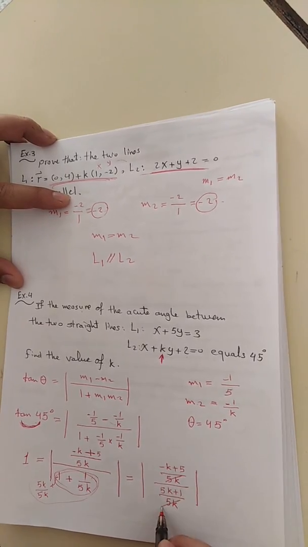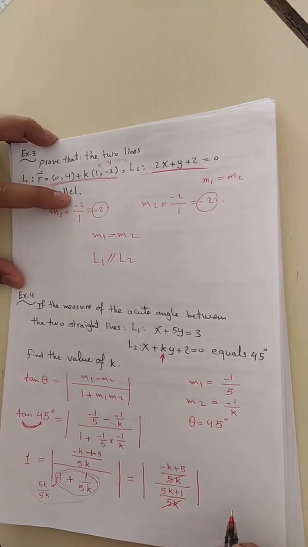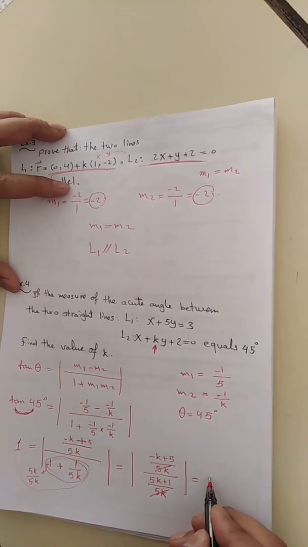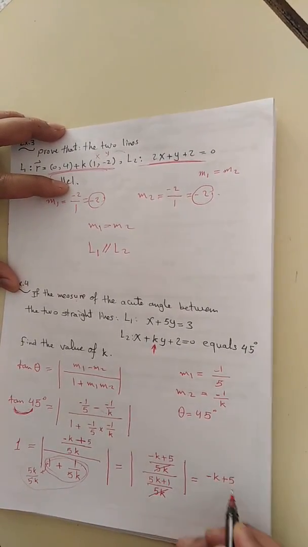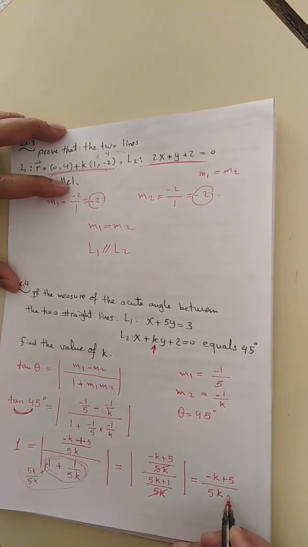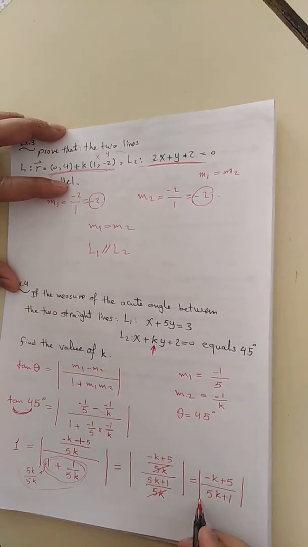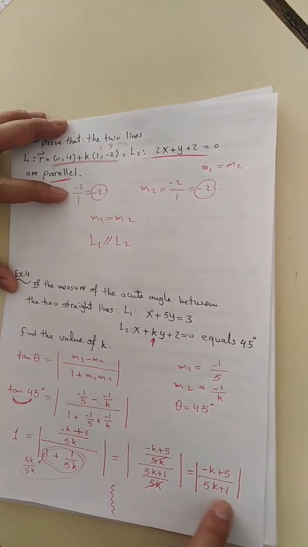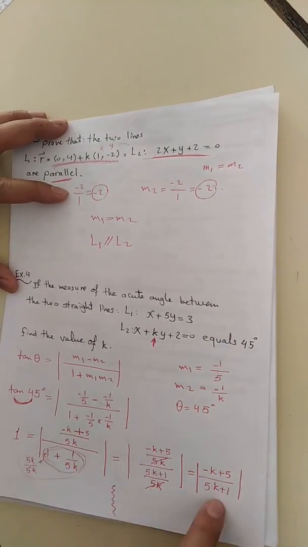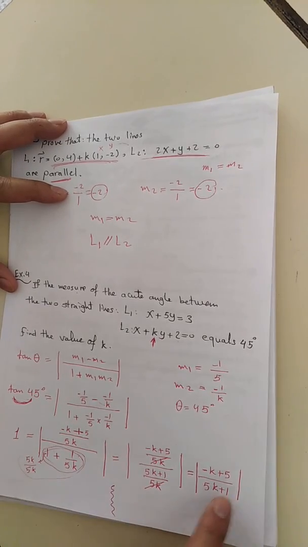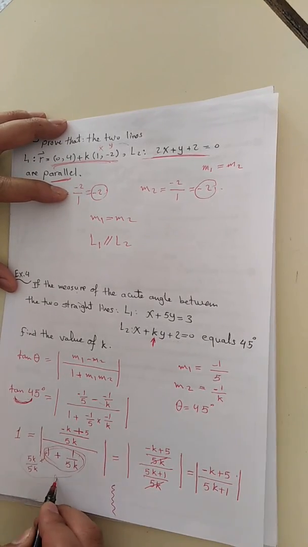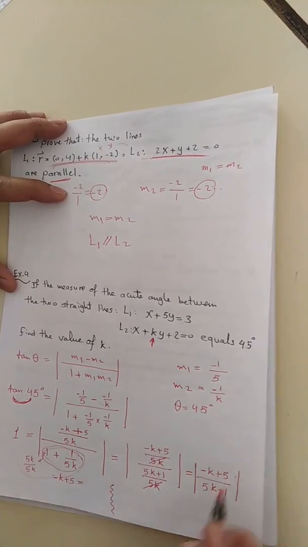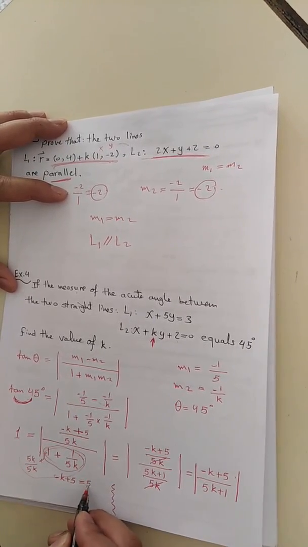The same denominators, cancel them and write negative k plus 5 over 5k plus 1 in our absolute value. And hence, the absolute value equals 1, then the inside negative k plus 5 over 5k plus 1 equals 1.